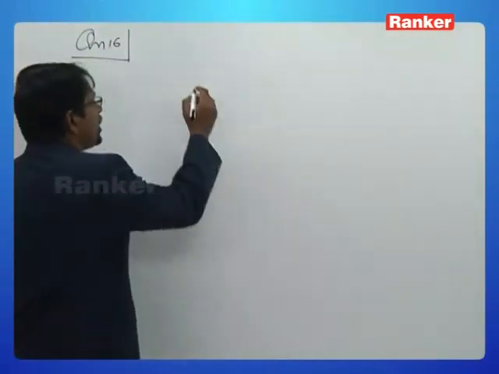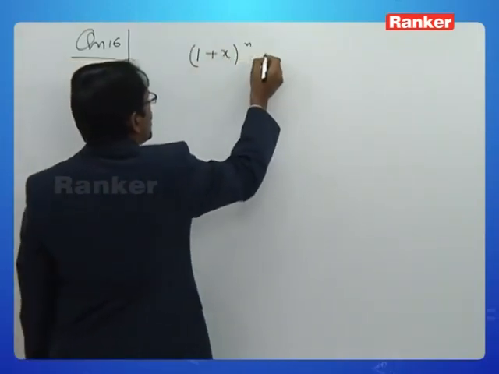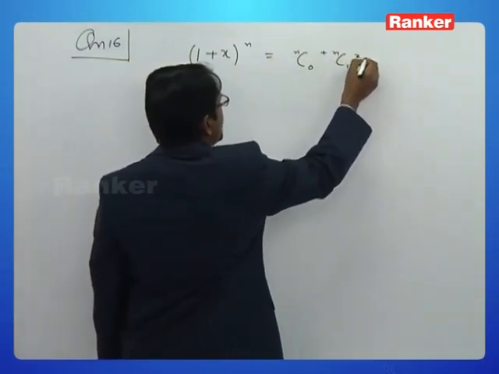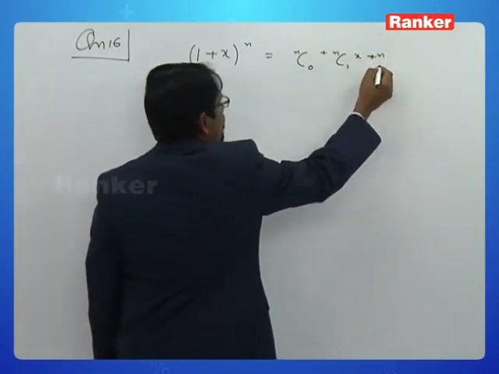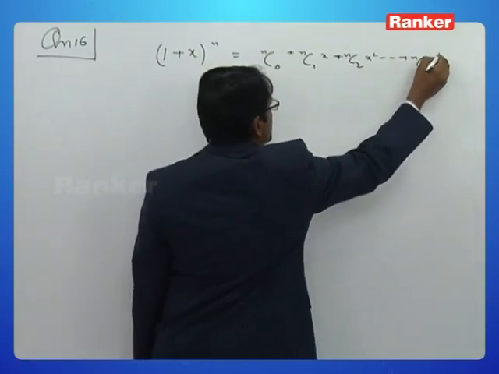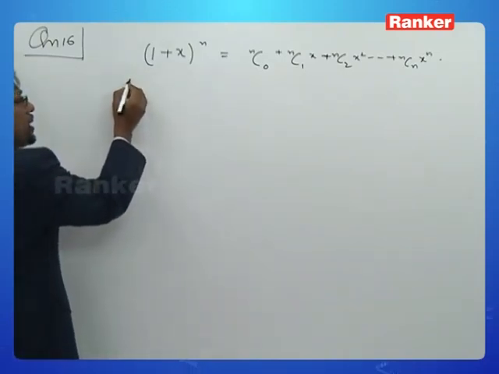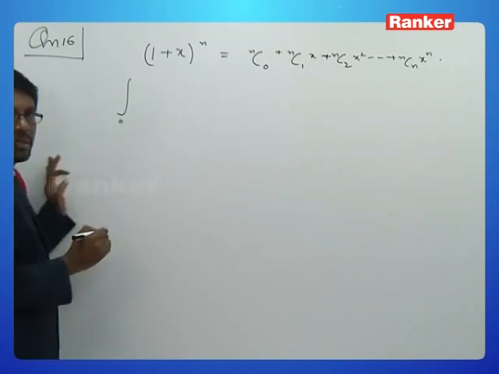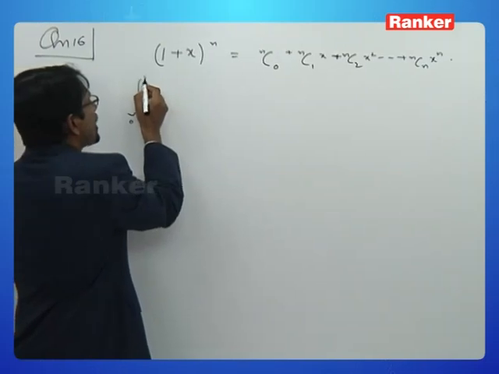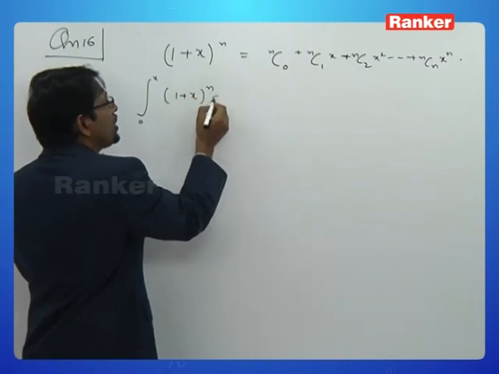Now, let us consider the expansion 1 plus x power n. You know, this has ascending powers of x, nC0 plus nC1 x plus nC2 into x square, so on, nCn into x power n. Now what if I integrate this within the limits 0 to x? Let's integrate it within the limits on both sides.